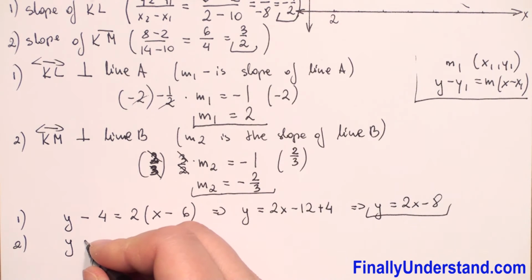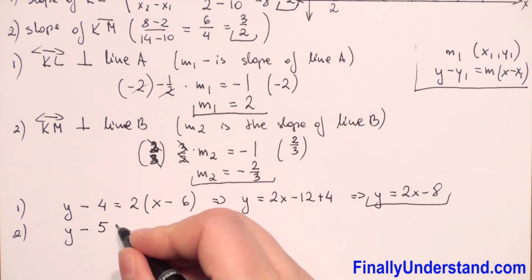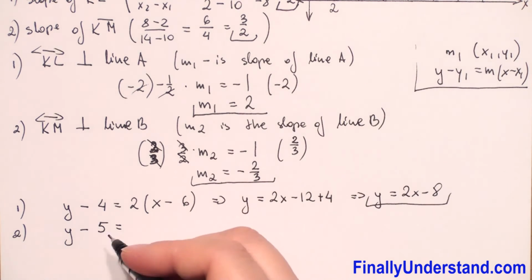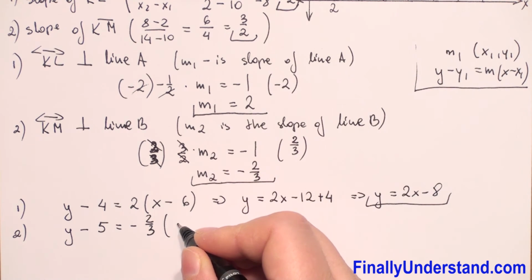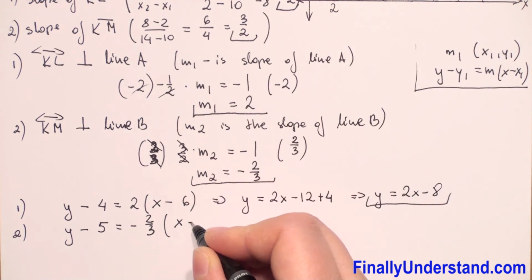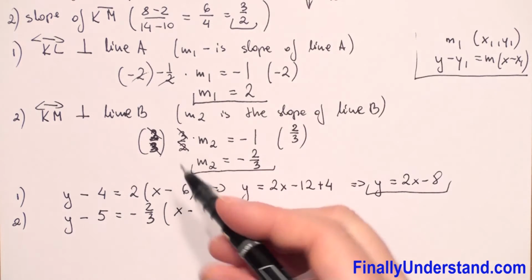So y we have to copy, minus y1 is 5, is equal to the slope, which is negative 2 over 3, and in parentheses we have x minus x1, which is 12.